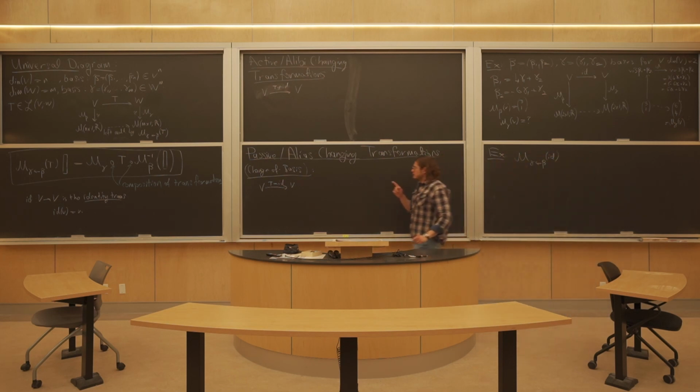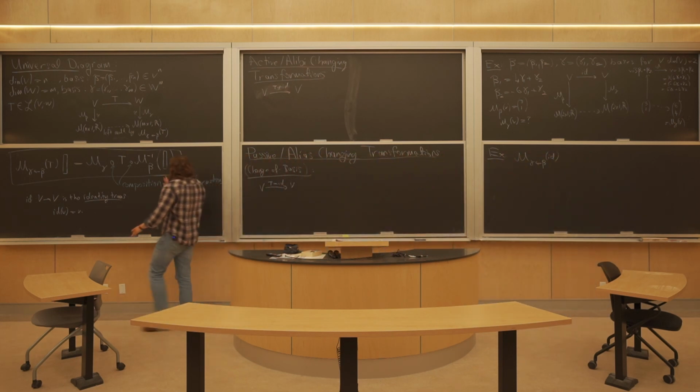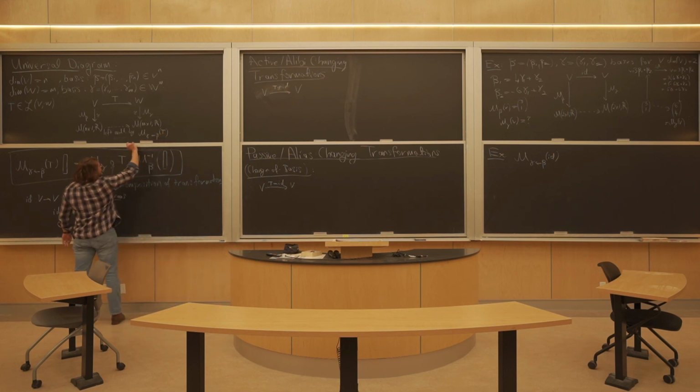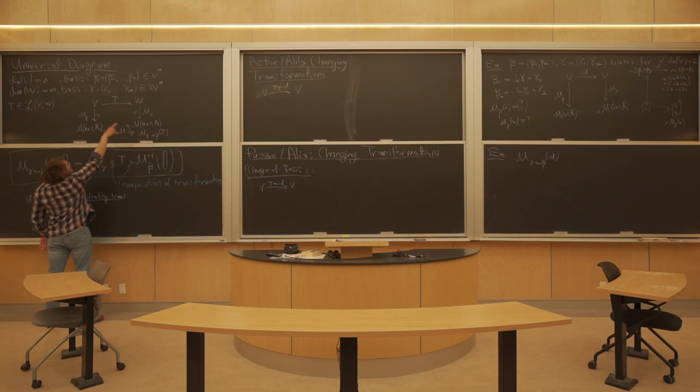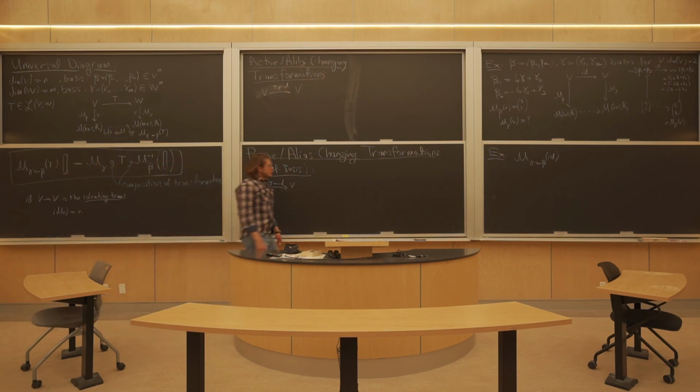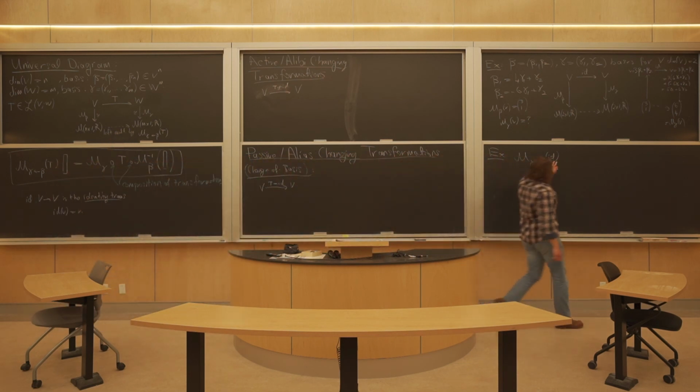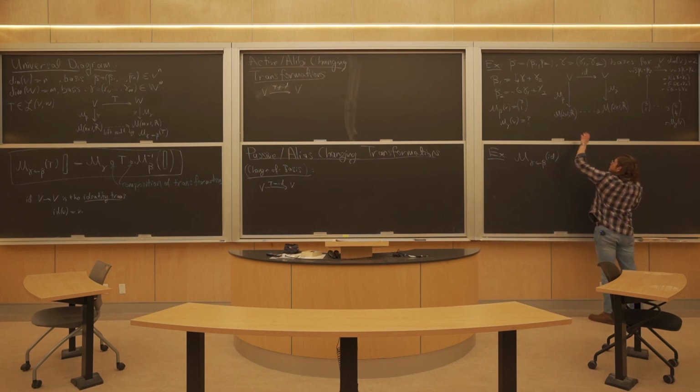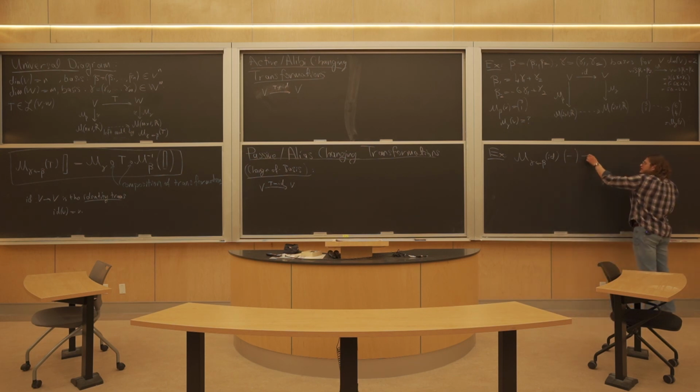According to the universal diagram that I wrote over here, T is identity. I have beta and gamma, and I told you that going this way should be the same thing as left multiplication by this matrix. So this is a matrix such that when I multiply any 2 by 1 matrix by it, I get another 2 by 1.